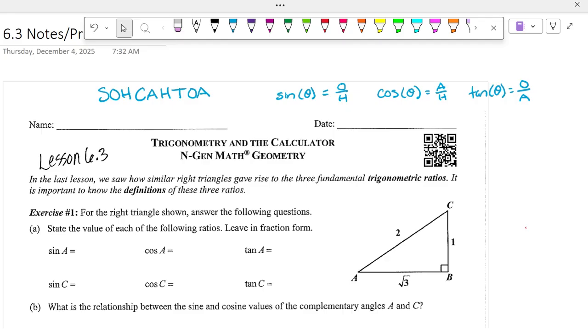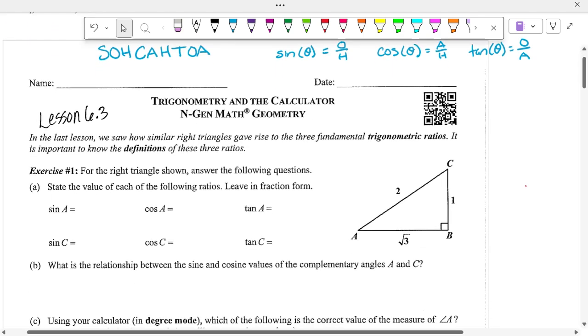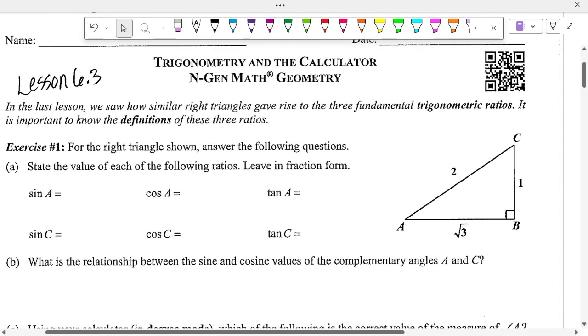All right. So first things first, we're just going to re-practice finding our ratios. And we're not going to simplify anything. So first off, sine of A. I'm using A as my reference angle. So sine is what? Opposite over hypotenuse.